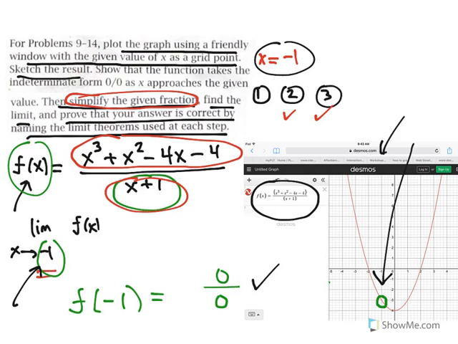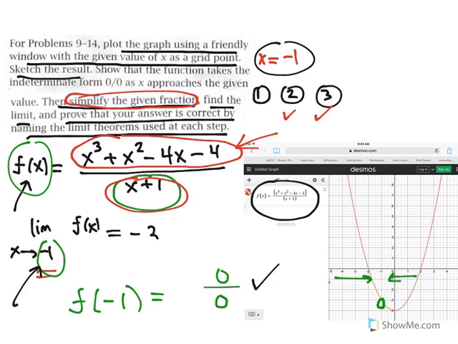So let's take a look at how we can factor the numerator of the function and then cancel the common factor of x plus 1 that we will find in the numerator, which of course is also in the denominator. By the way, before I even do that, from the graph we know there is a gap at x equals -1, but as x approaches -1 from the left or from the right, we can see the y values approaching -3.